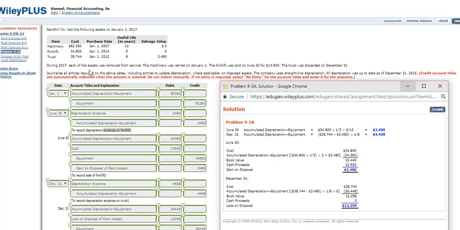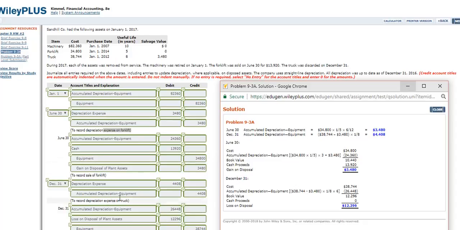So it will be 38,744 minus 3,480. Then we'll multiply that result by 1 divided by the useful life. It is the information that we have right here. That will give us 4,408.